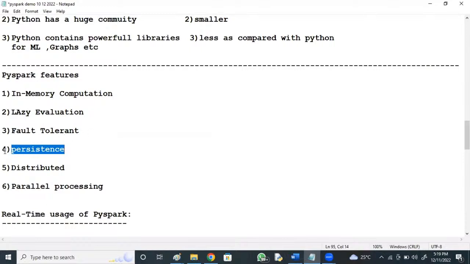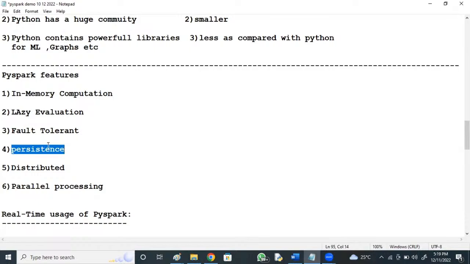About this persistence, I'll provide multiple examples to make you understand. One thing to remember is that transformations cannot be reused in Hadoop or other systems, but in Spark you can reuse the transformations. No need to write them again and again.